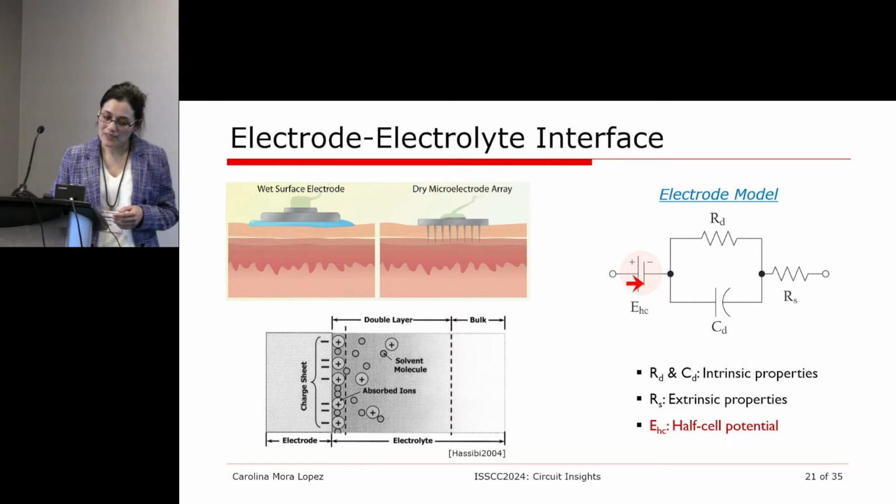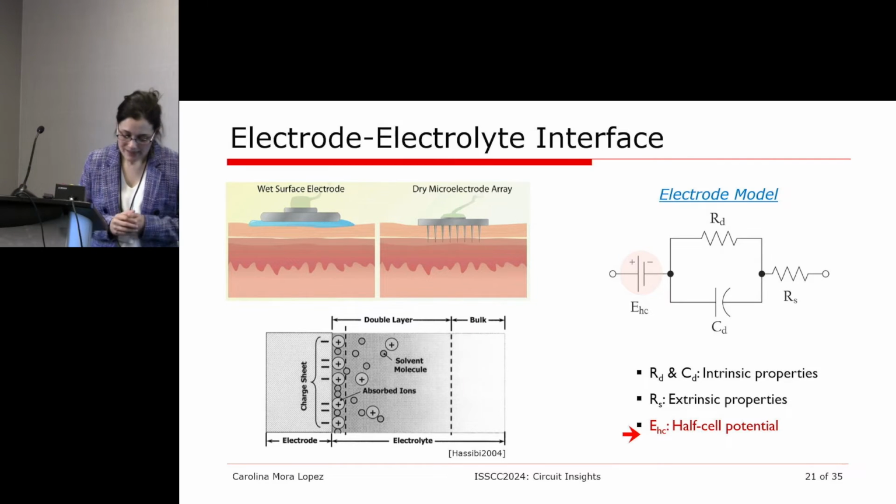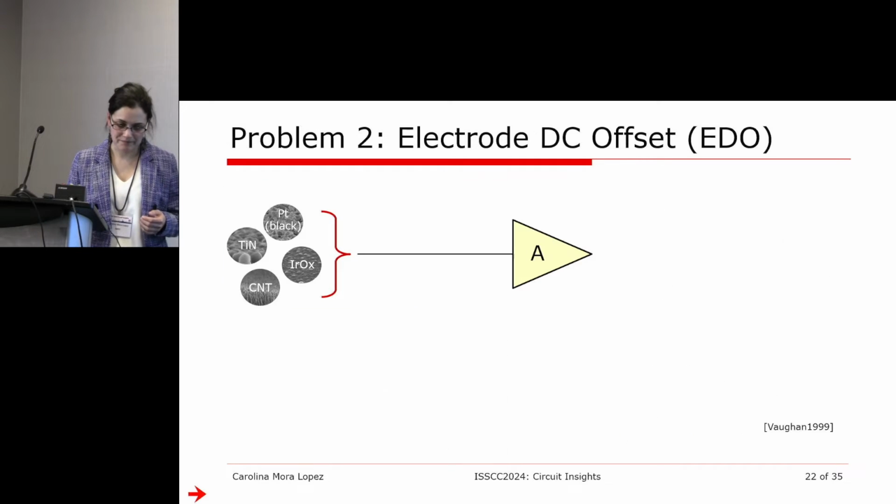But a very important component here is this voltage source. If you think of this as a micro battery, you will generate a very small offset in this interface. It's a DC offset, which is called the half cell potential. And this is a DC voltage that will depend, again, on what kind of material you use for this interface.